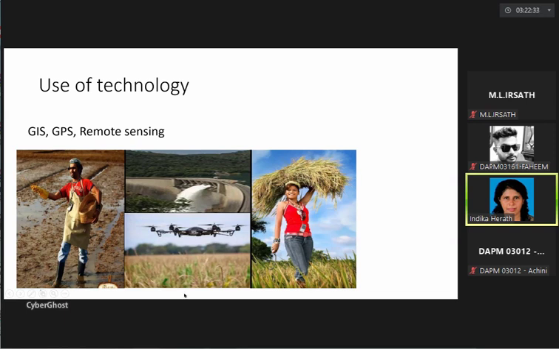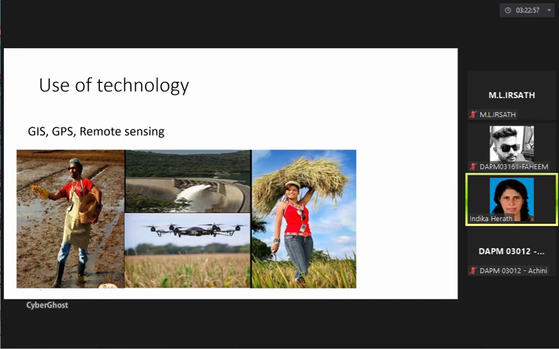You can get images to see the level of moisture, the amount of carbon in the soil, and the level of salt conditions, and those things can be understood by using sensor technology.